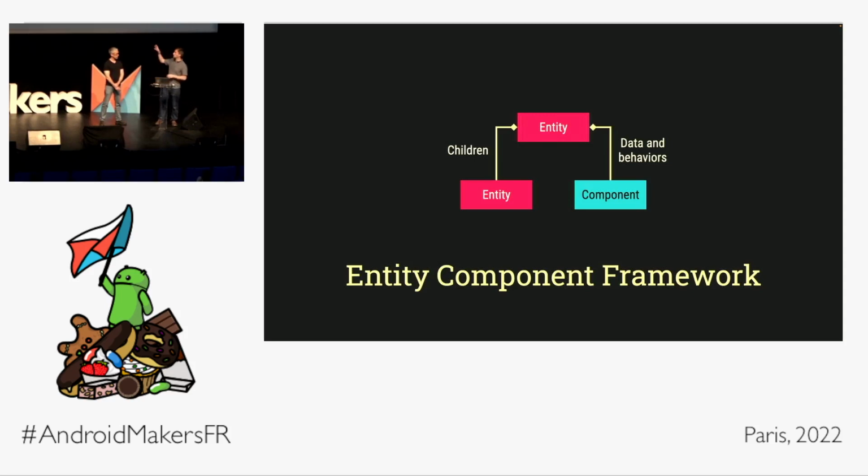But effectively here you have the entire architecture of the toolkit on screen. So every widget is called an entity or an element actually in the Apex code, and it can have children. So your column can have buttons and so on, and it can also have components. So components can be anything you want. It's arbitrary data or it's arbitrary behaviors, and we're going to see how we use those to build our UI.